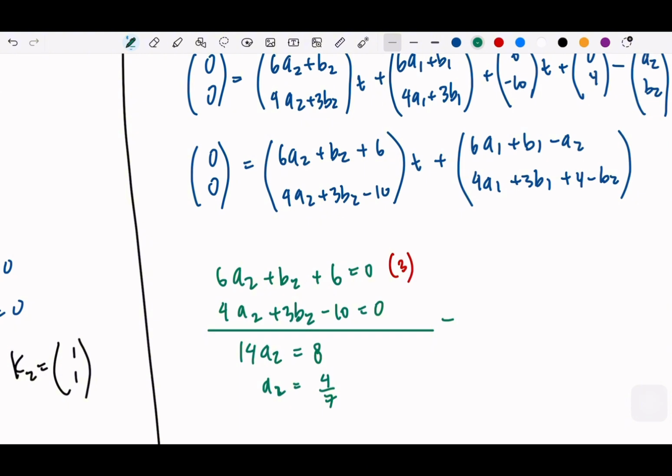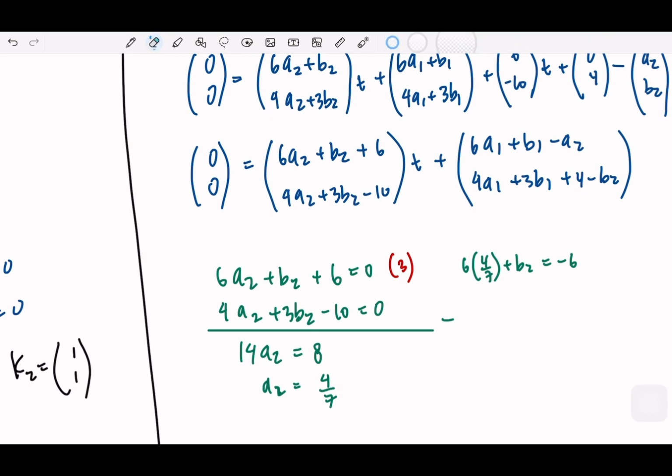6/3 is 18, right? 18. Yeah, should be correct, right? And then we can substitute to get the b2. So 6/7 plus b2 equals -6.